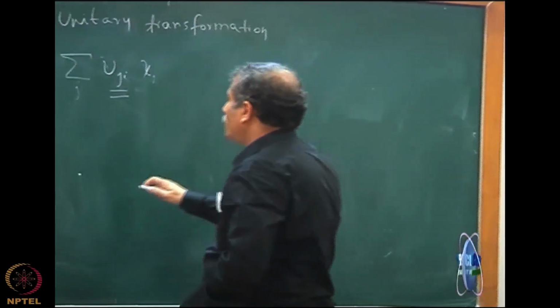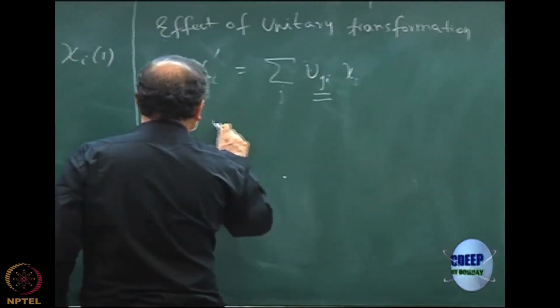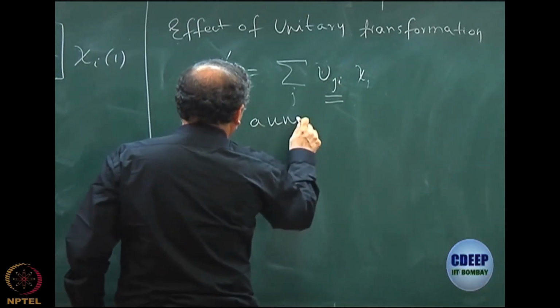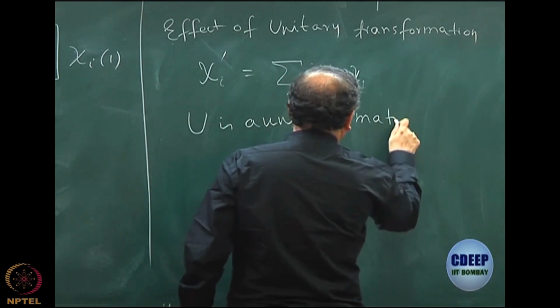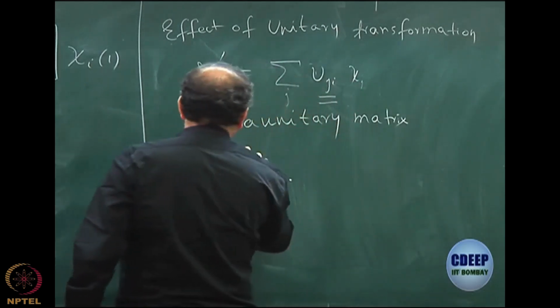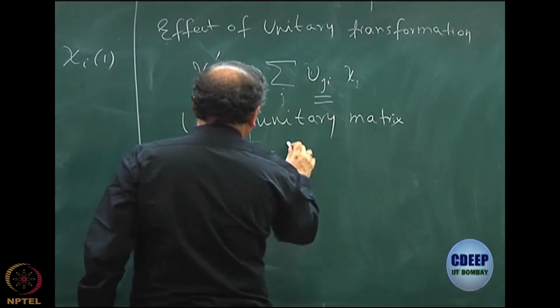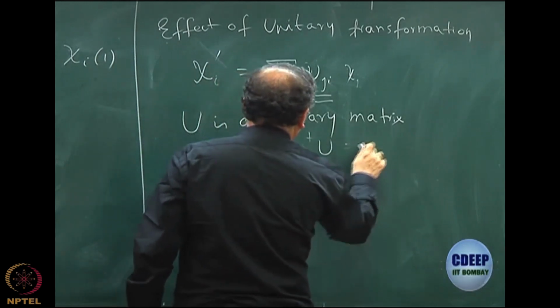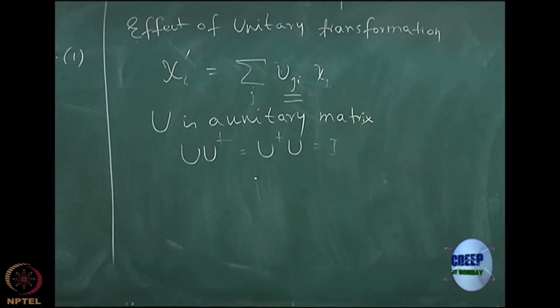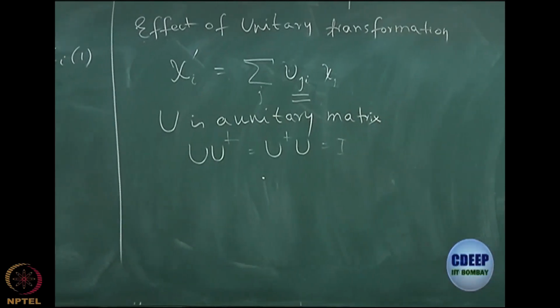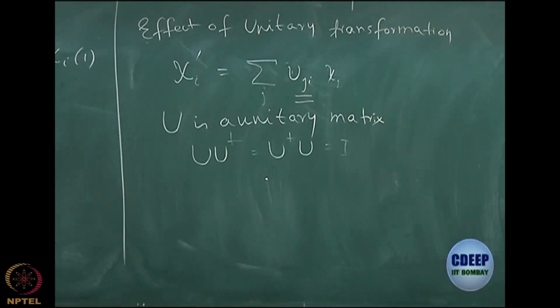So, this U is a unitary matrix. You know what a unitary matrix is. If I take the adjoint, U dagger U, that is equal to identity.